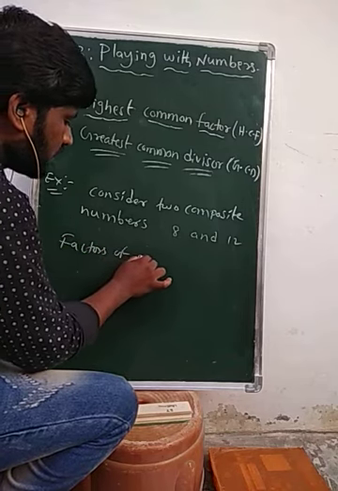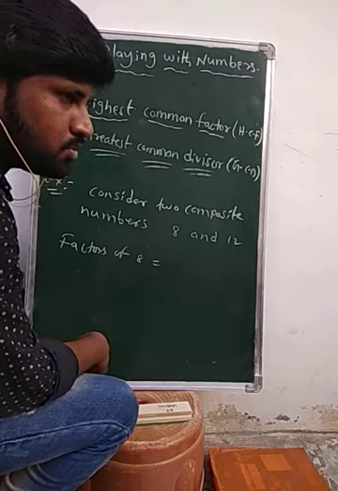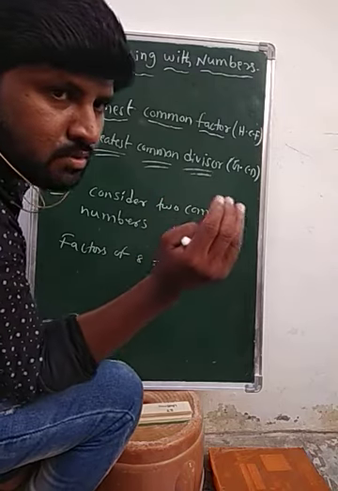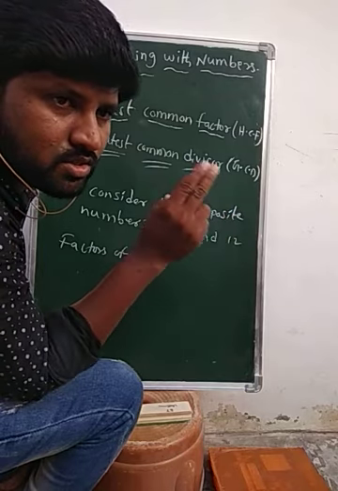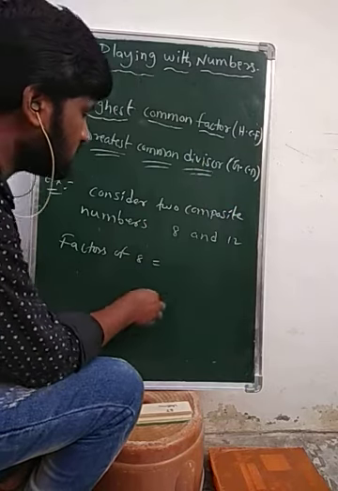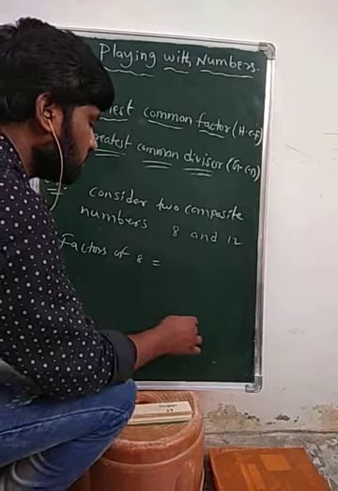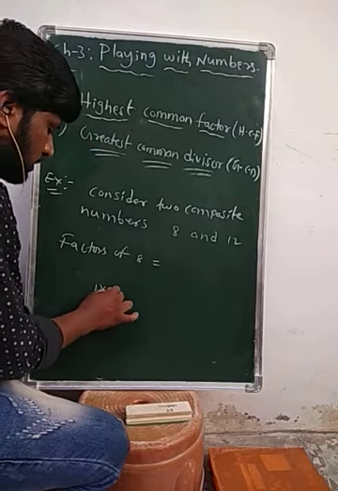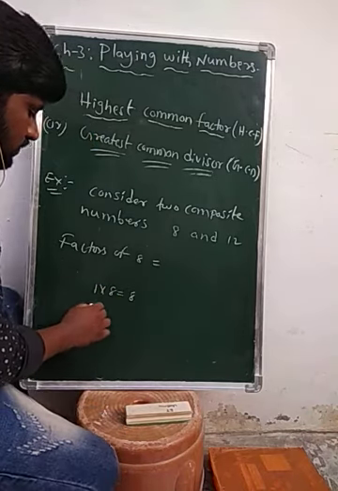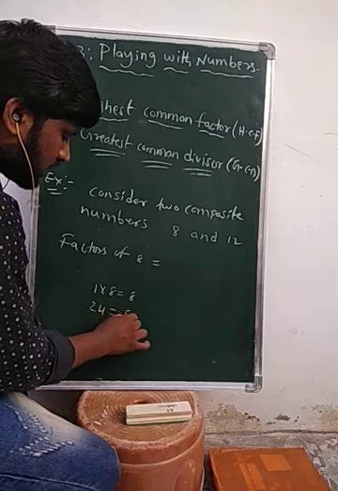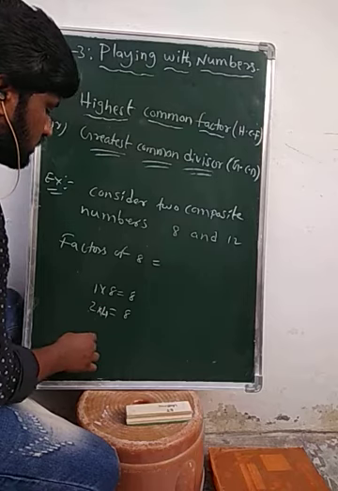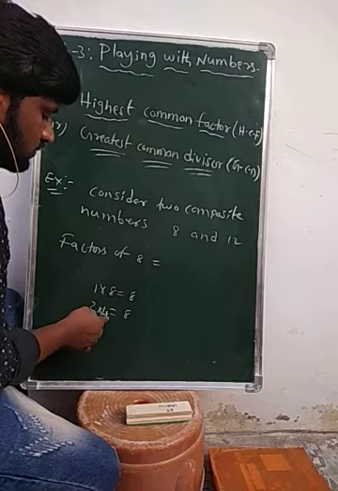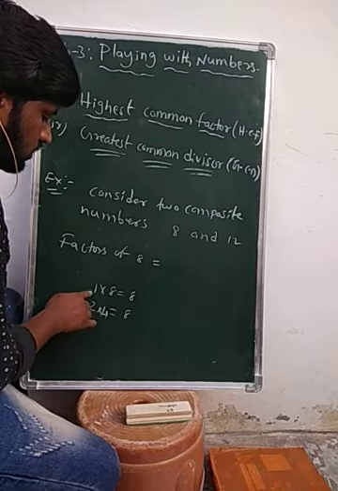Factors of 8. If a number is exactly divisible by another number, that other number is called a factor of that number. What are the factors of 8? For example, 1 8s are 8, 2 4s are 8, and in reverse, 4 2s are 8, 8 1s are 8.